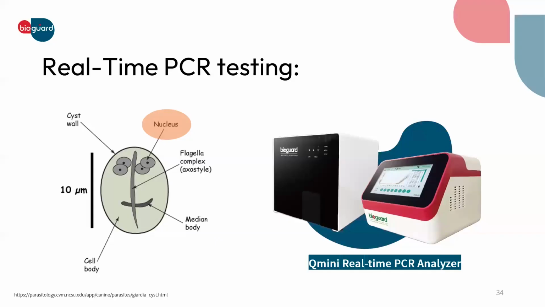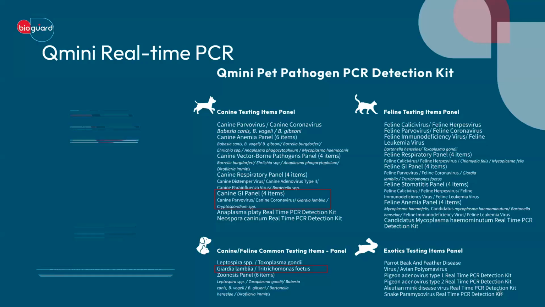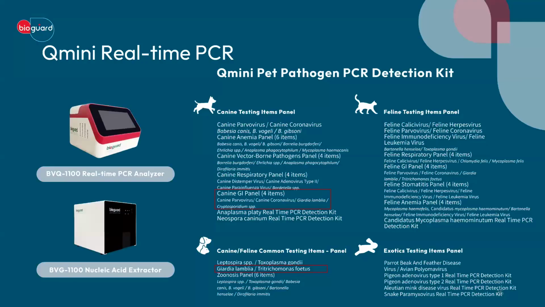Other than that, as we see, the structure of the cyst actually has cells inside that have a nucleus also. So real-time PCR can also play a very important role in the detection of Giardia, through our products such as the Qmini real-time PCR analyzer, which provides you the flexibility of detecting Giardia through PCR detection as well.